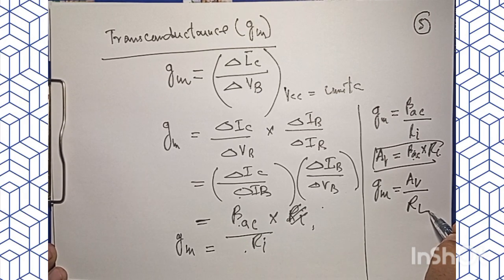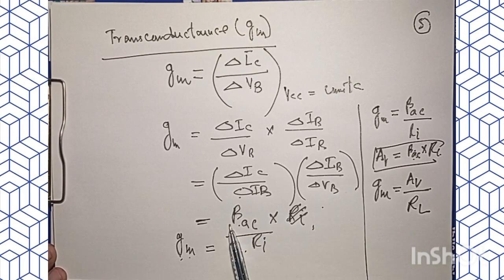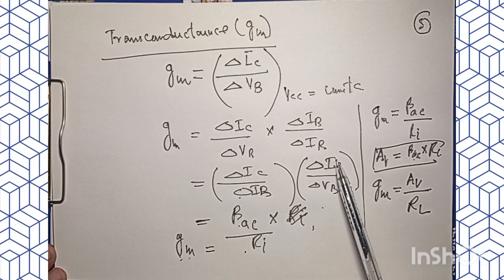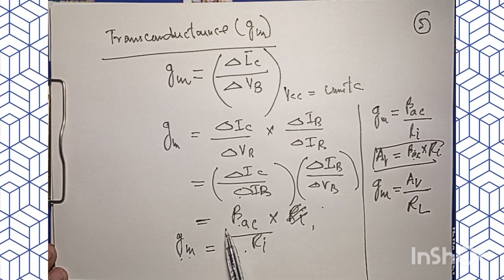That should be RL. Let me check it again. This is GM equals beta AC, which is the reciprocal of input resistance, so this is beta AC by Ri.